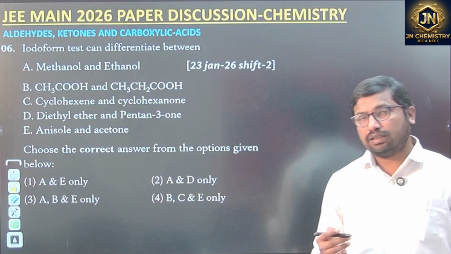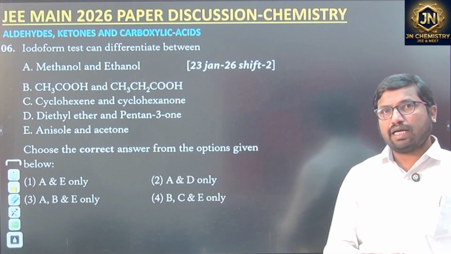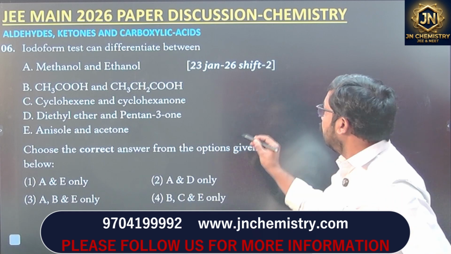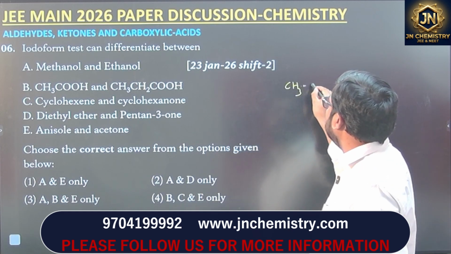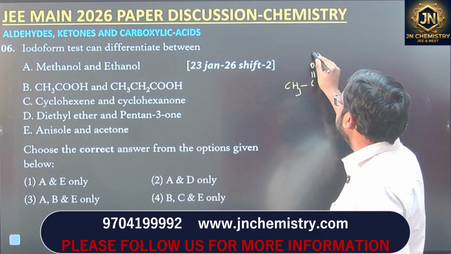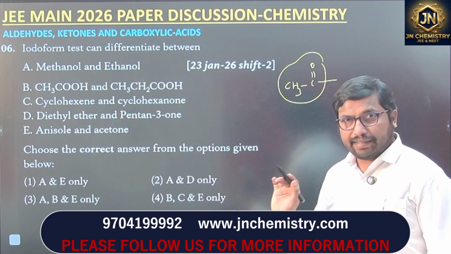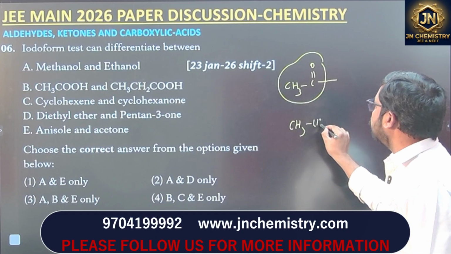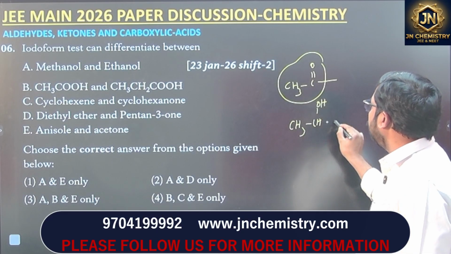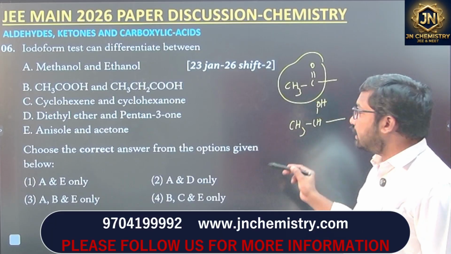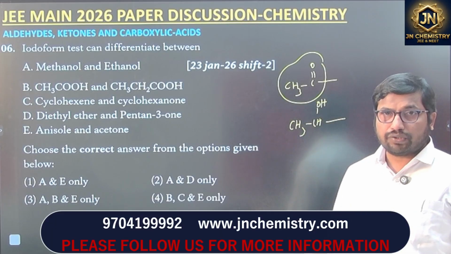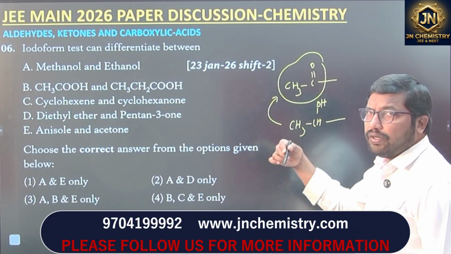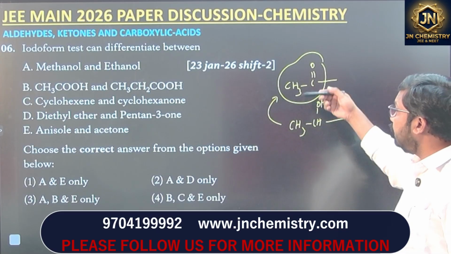One more question. This is the iodoform test. Once again, they ask the iodoform test. They keep on asking iodoform test questions. I told you, CH3C=O groups, aldehydes and ketones which are methyl ketones, will give the iodoform test, and also alcohols: at the second position if the OH group is there, that also gives the positive haloform or iodoform test, because iodine acts as an oxidizing agent and we get this compound.